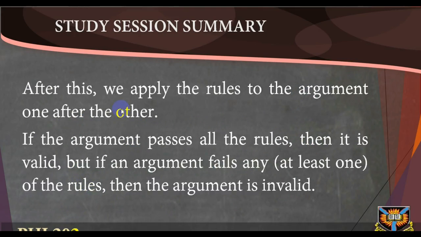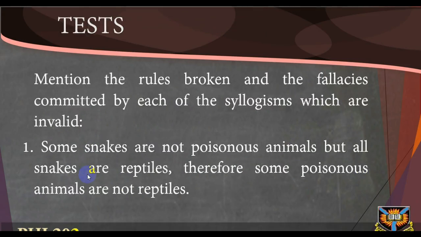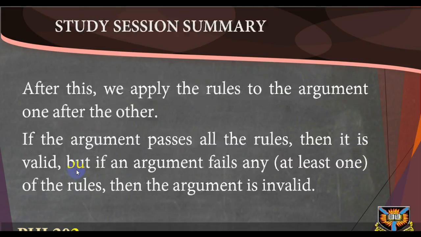After this, we apply the rules to the argument one after the other. If the argument passes all the rules, then it is valid. But if an argument fails any, at least one, of the rules, then the argument is invalid. That ends study session 6.